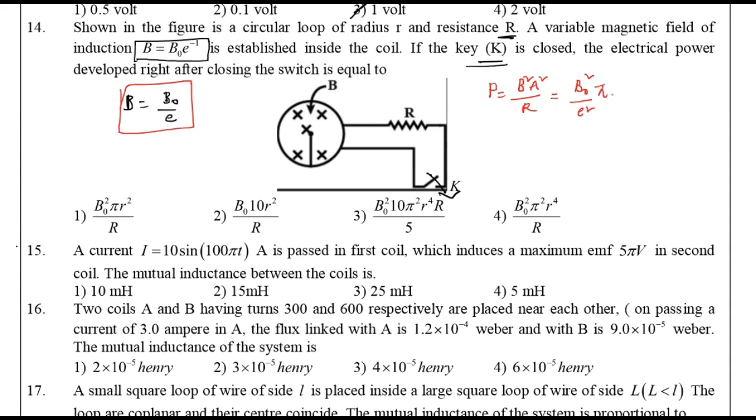A is pi r square, whole square by capital R. So this gives us B naught square pi square r power 4 by R. Now this is 1 by e square. 1 by e square is e power minus 2, nearly equal to 1. So B naught square pi square r power 4 by R.